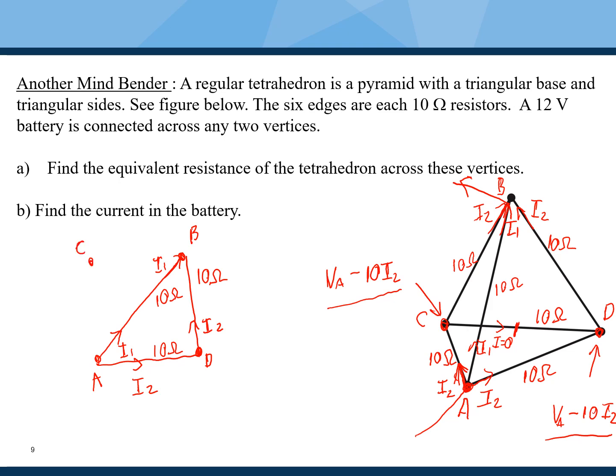So let me call this the point C, and I know that between A and C I have a 10 ohm resistance, and I have a current I2 flowing in this direction, and none of this current I2 which comes to C will actually go to D. Instead, all of it will go to the point B. So I know that I have I2 also flowing from C to B, where I also have a 10 ohm resistance. So I see that I have a situation where now I can draw an equivalent circuit where I can say that I'm starting at point A.